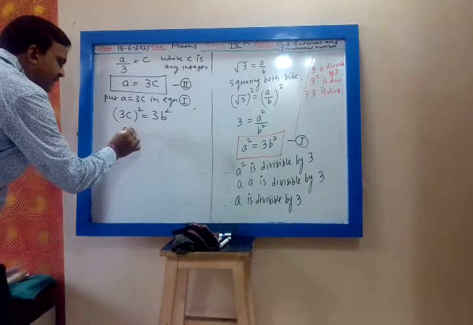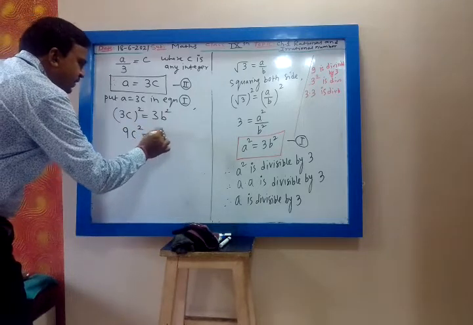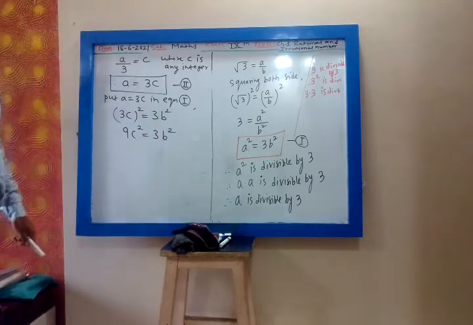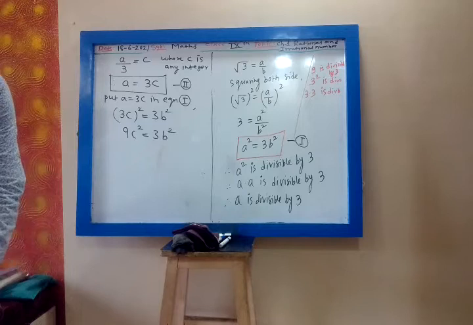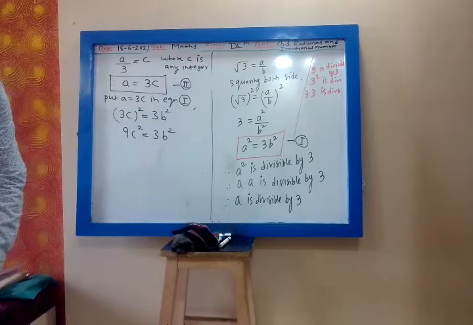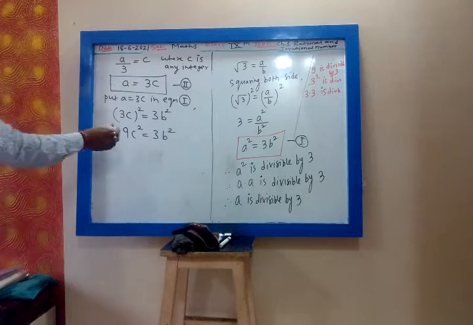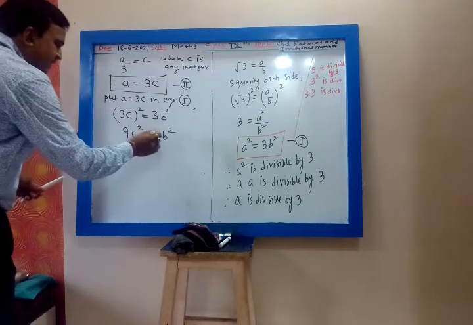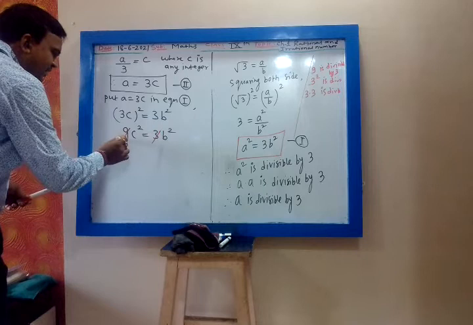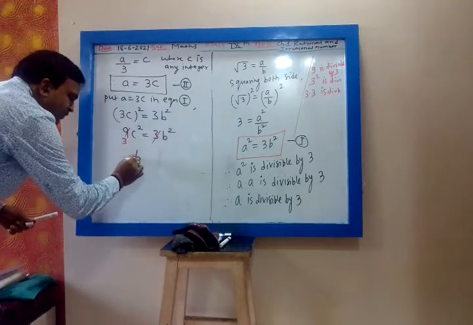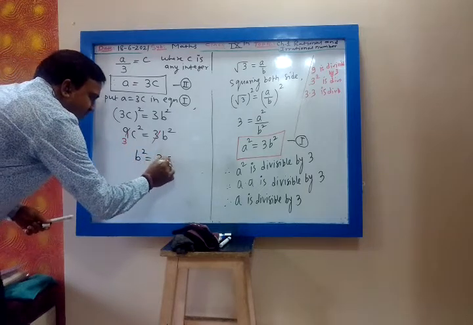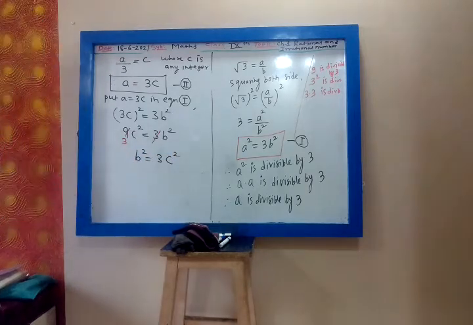So 9C square is equal to 3B square. You can cancel 3 with 3, and 3 threes are 9. So you will get B square is equal to 3C square.